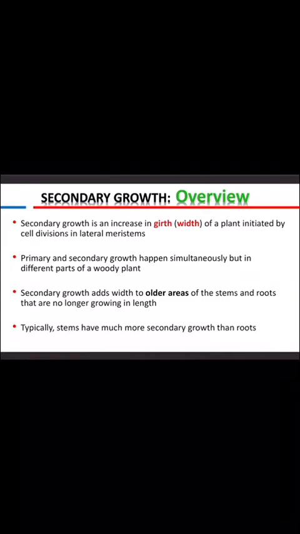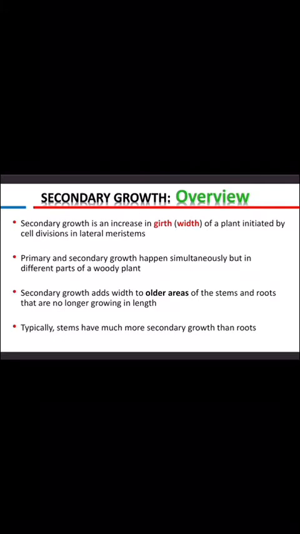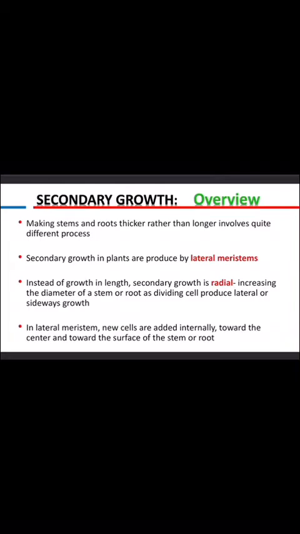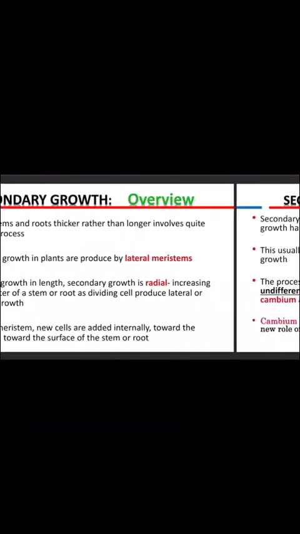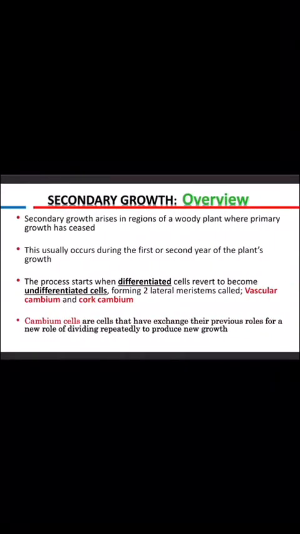Now let's see, the secondary growth, as I said, is mainly responsible for width, girth of the plant, and it is because of the lateral meristem. Secondary growth in plants is produced by lateral meristem, and instead of growing in length, secondary growth is radially increasing.